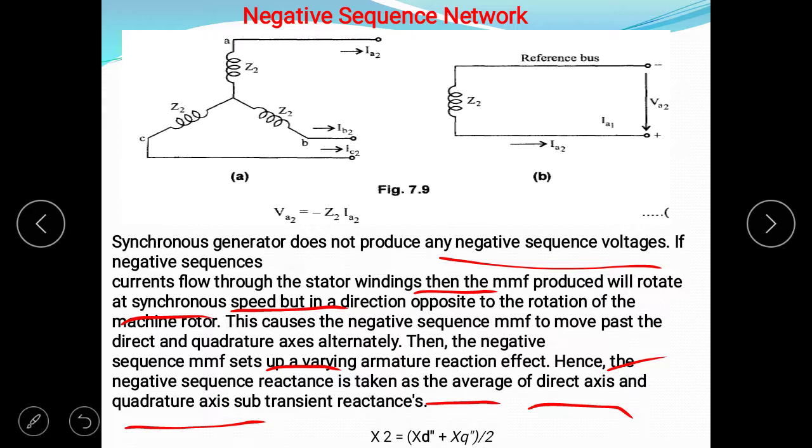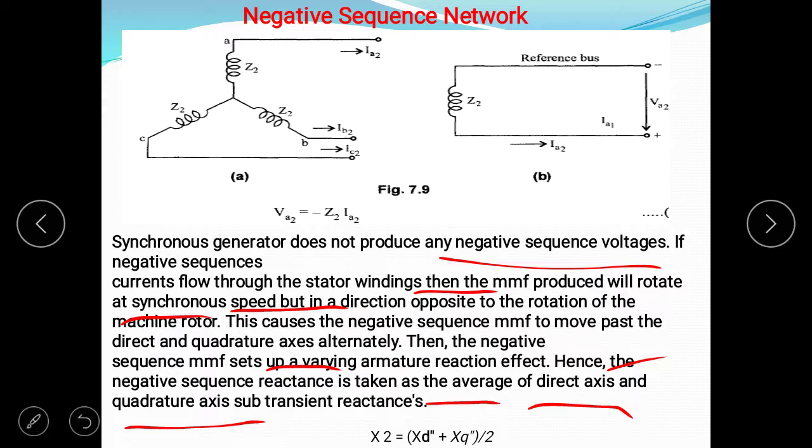It means a synchronous generator does not produce negative sequence voltage. When a negative sequence current flows in the stator winding of the machine, it causes negative sequence MMF. The effect is armature reaction. So there are two reactances, one is the direct axis reactance and the second is the quadrature axis reactance.